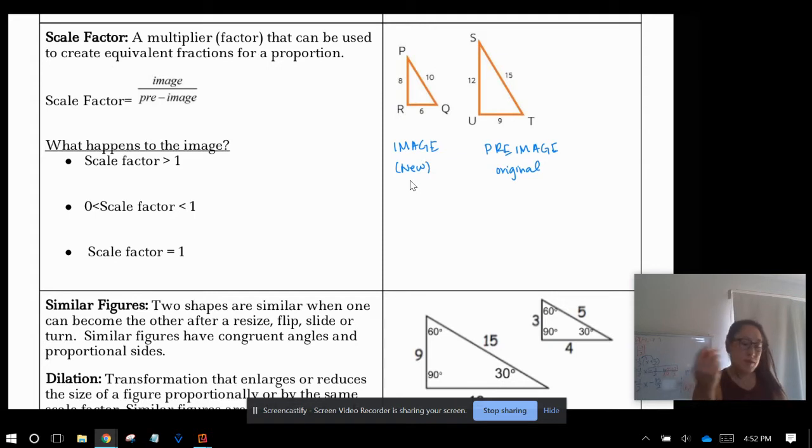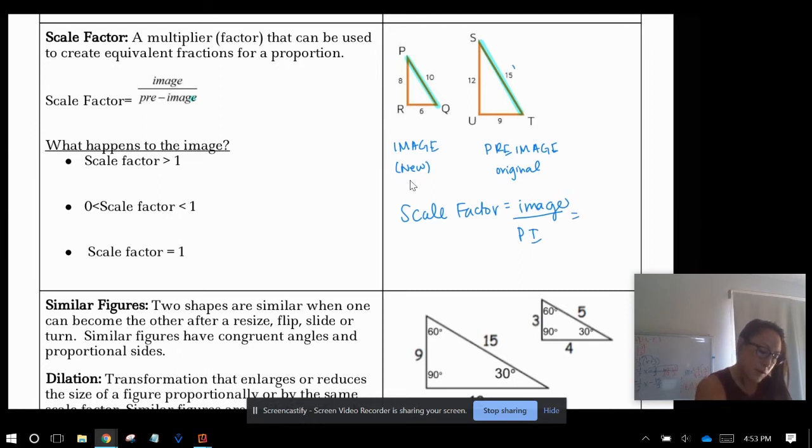So what we do is we have to take corresponding sides. So I'm going to take side ST, and it's the hypotenuse of the triangle, and I'm going to divide it. So we do the scale factor is equal to the image value over the pre-image value.